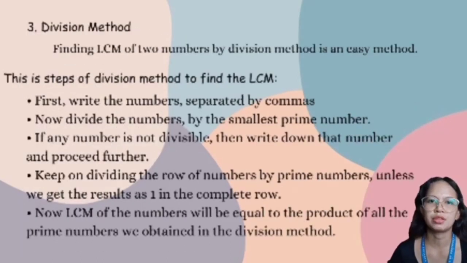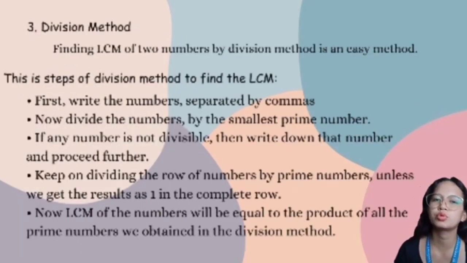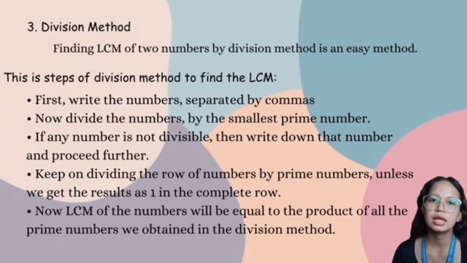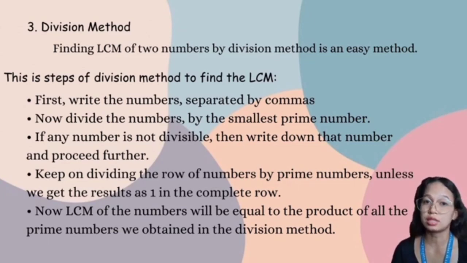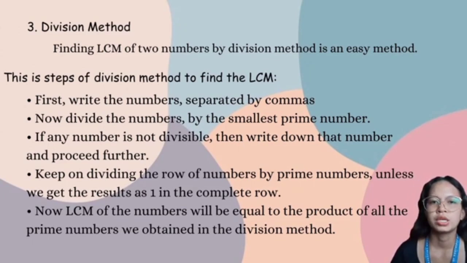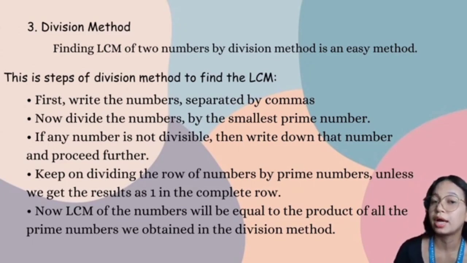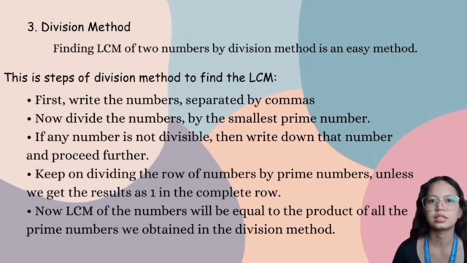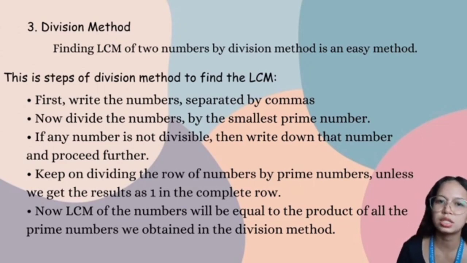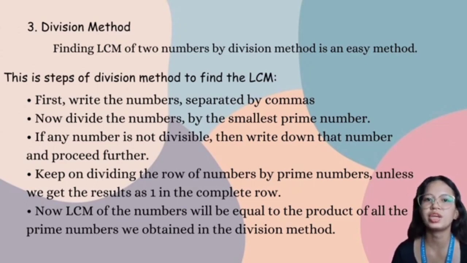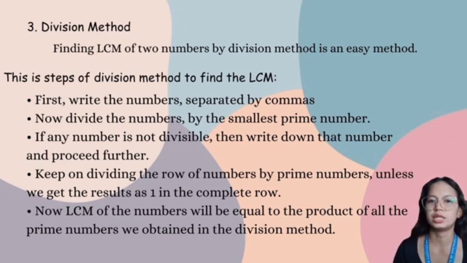Next is the division method. Finding the LCM of numbers by the division method is an easy method. These are the steps. First, write the numbers separated by commas. Now divide the numbers by the smallest prime number. If any number is not divisible, then write down the number and proceed.